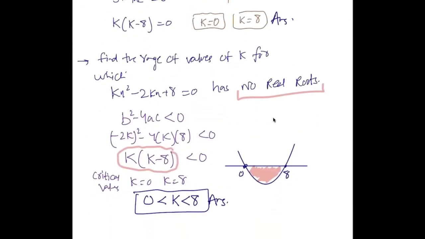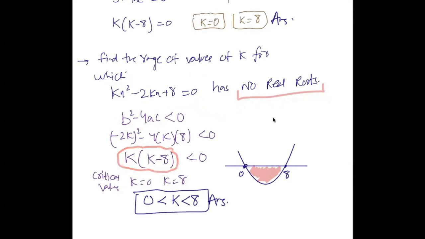Then I said, what if the question would have been to find the range of values of K when the same equation does not have any real root? If this equation will not have any real root, that means the discriminant must be less than 0. Plug in the values of A, B, and C in the discriminant expression. You end up getting the same result because it was the same equation.